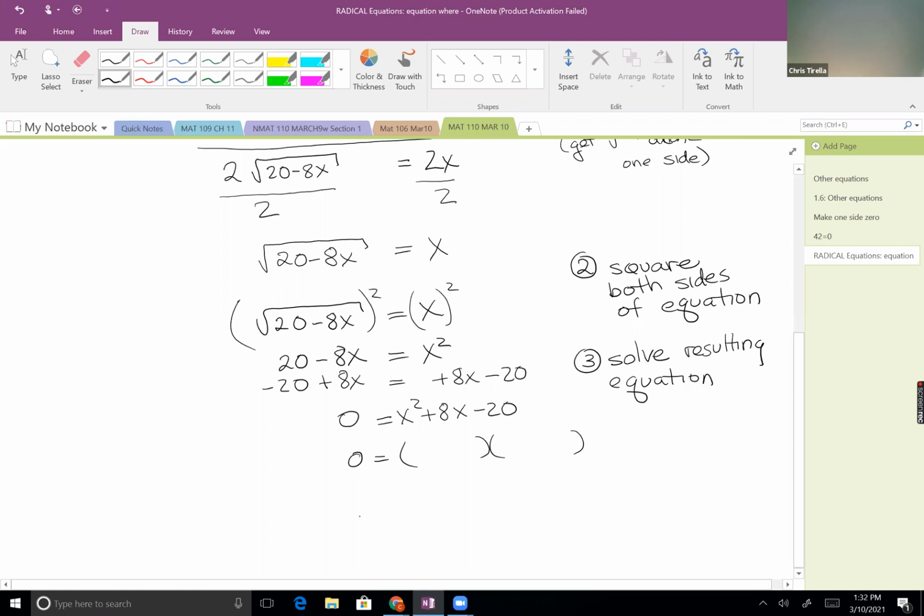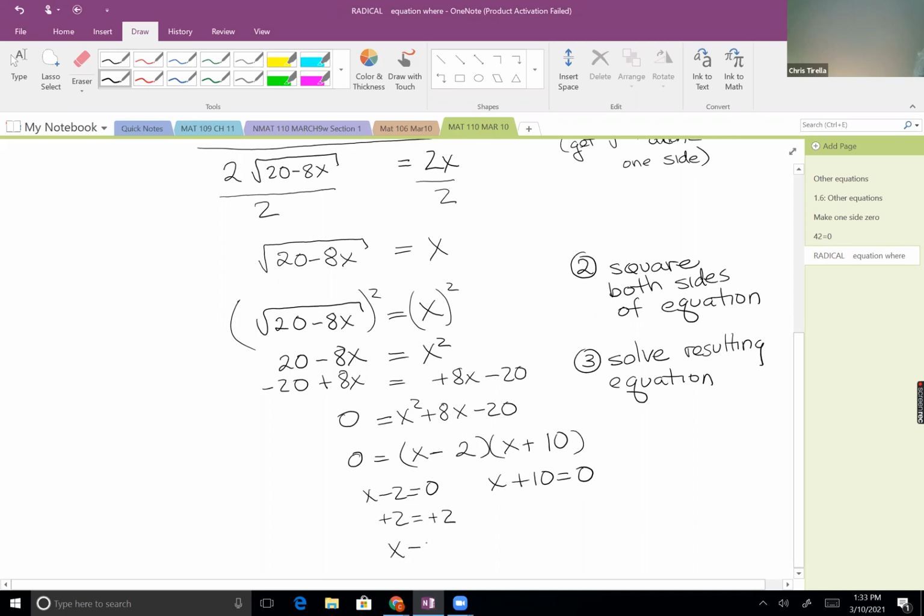And I do believe that this one is factorable. X squared will be x times x, that 20. If I look at it as 2 times 10, with different signs, it'll give me the 8 in the middle. And I think if I make it a -2 and a +10, I get that +8. Now we'll use that zero multiplication property to set each factor equal to 0 and solve again.